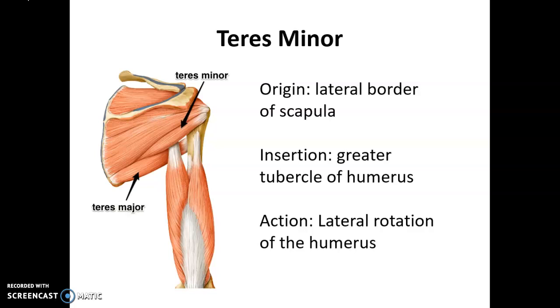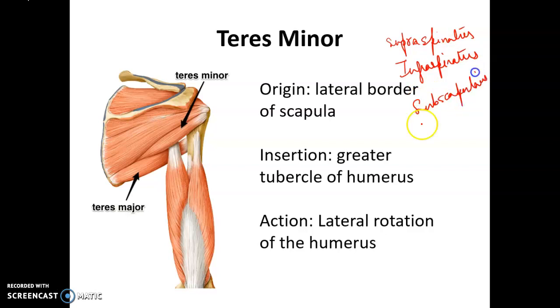Now there are four muscles: the supraspinatus, the infraspinatus, the subscapularis, and the teres minor. These four muscles together are called the rotator cuff muscles.